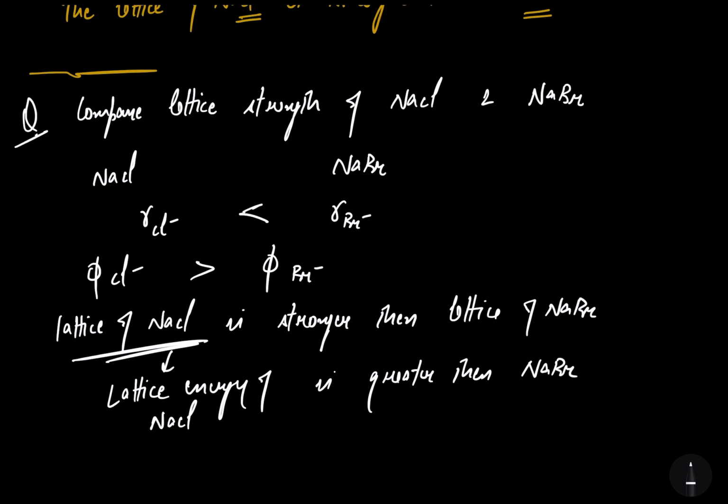As the lattice energy of NaCl is greater than NaBr, so the lattice of NaCl will be stronger than that of the NaBr.